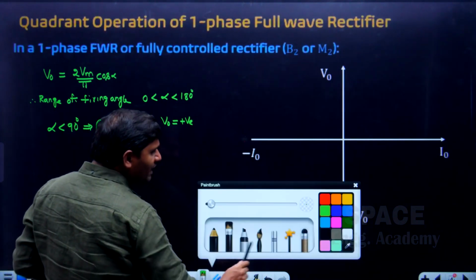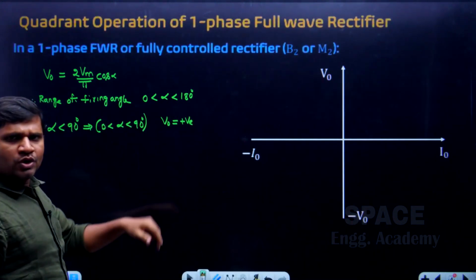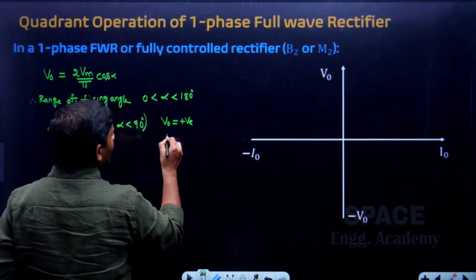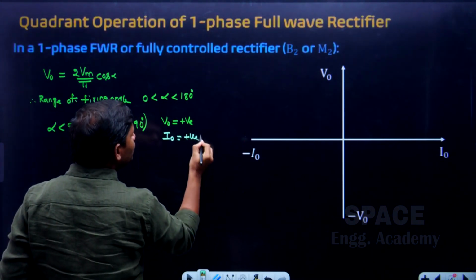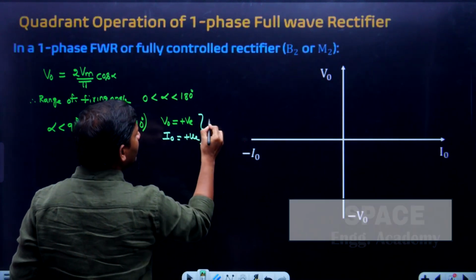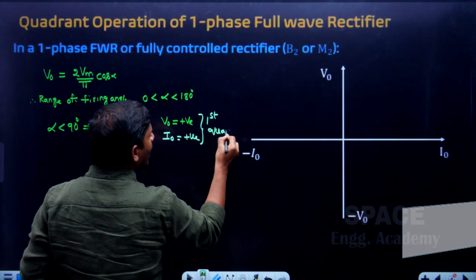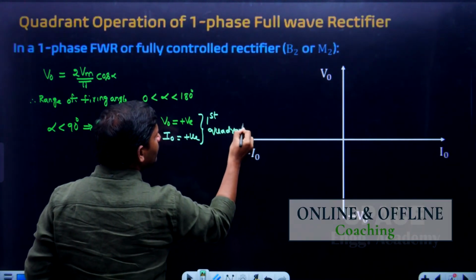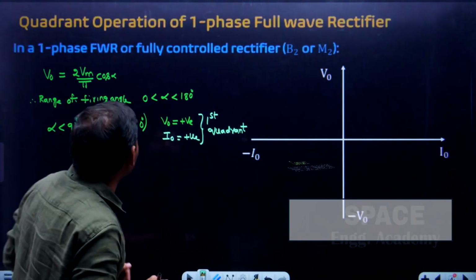That is, for alpha less than 90 degrees, V naught is positive and I naught is always positive. V naught positive, I naught positive, students, which quadrant? It is the first quadrant. For alpha less than 90 degrees, this converter is operated in the first quadrant.